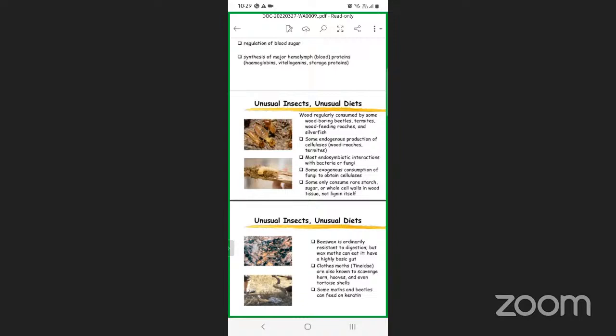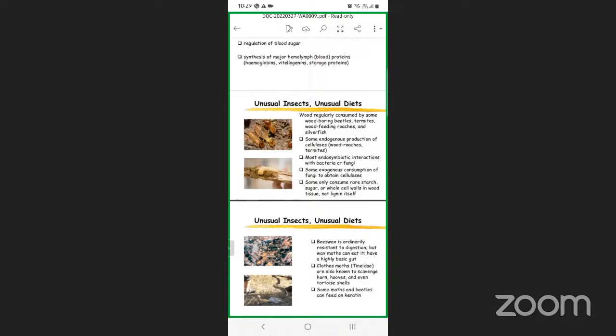Coming to insect nutrition, amino acids act as the building blocks of protein, making the tissues and enzymes. Carbohydrates are also essential nutritive substances for them.